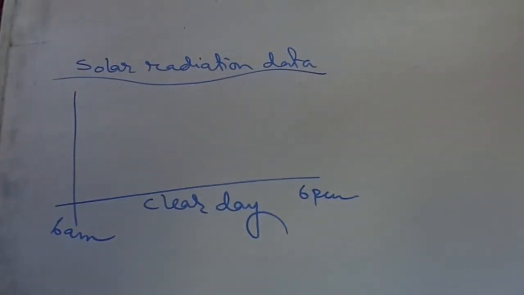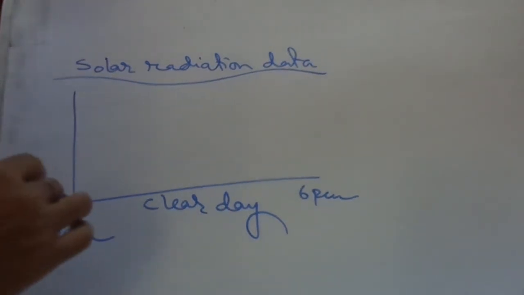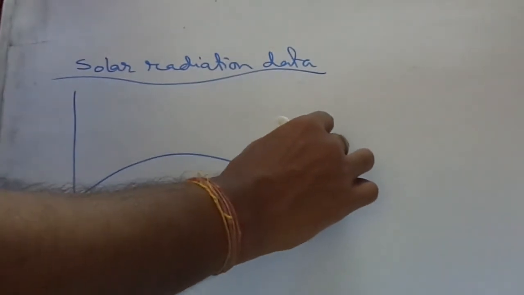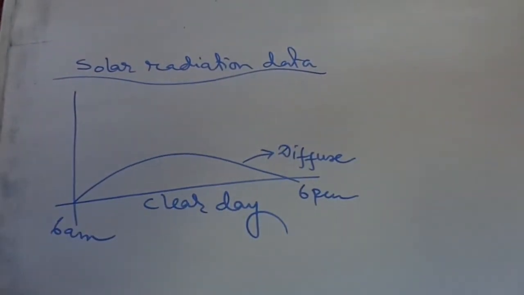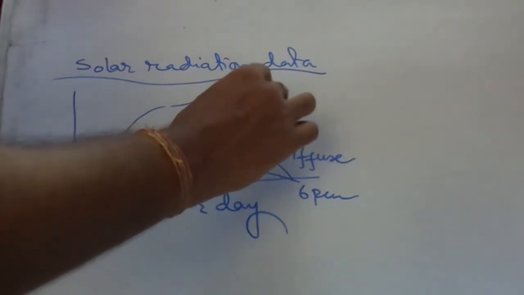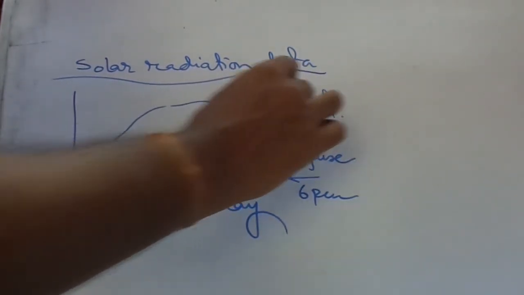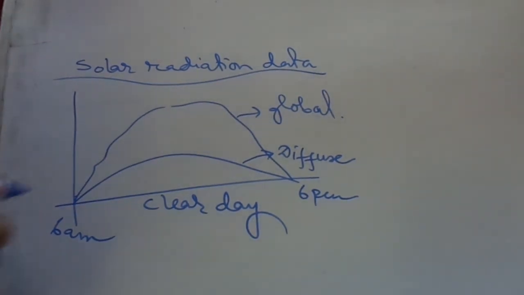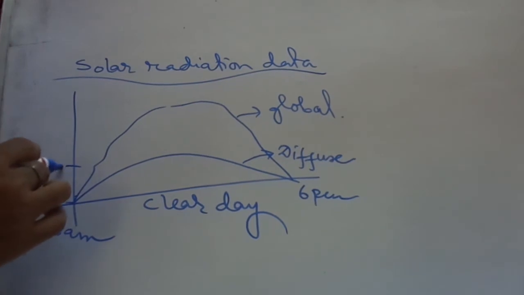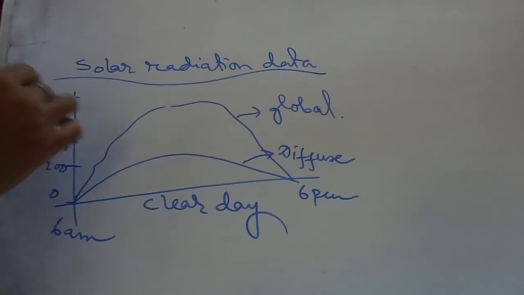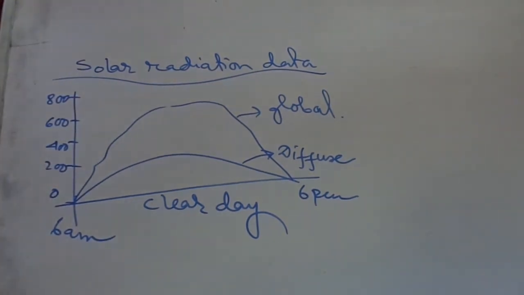This one is the diffuse. Another one is the global, with the scale 0, 200, 400, 600, 800, and that is the solar radiation.